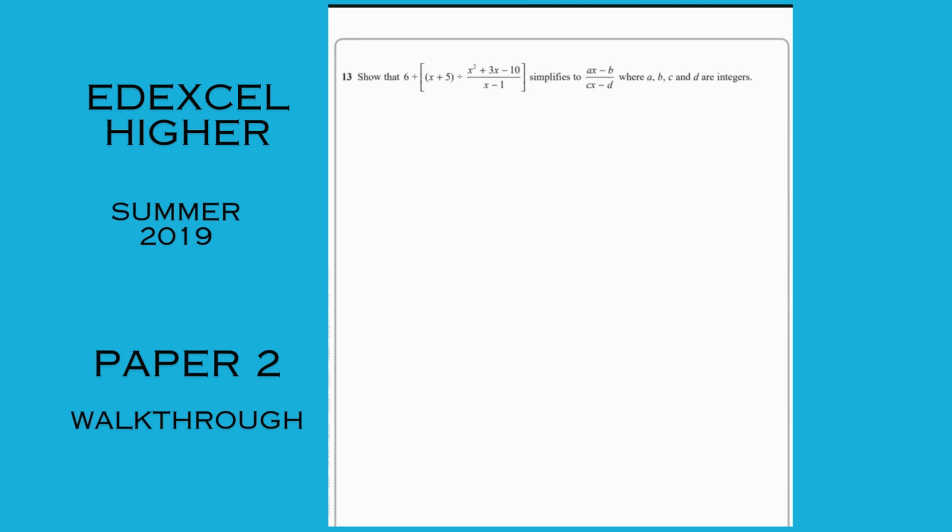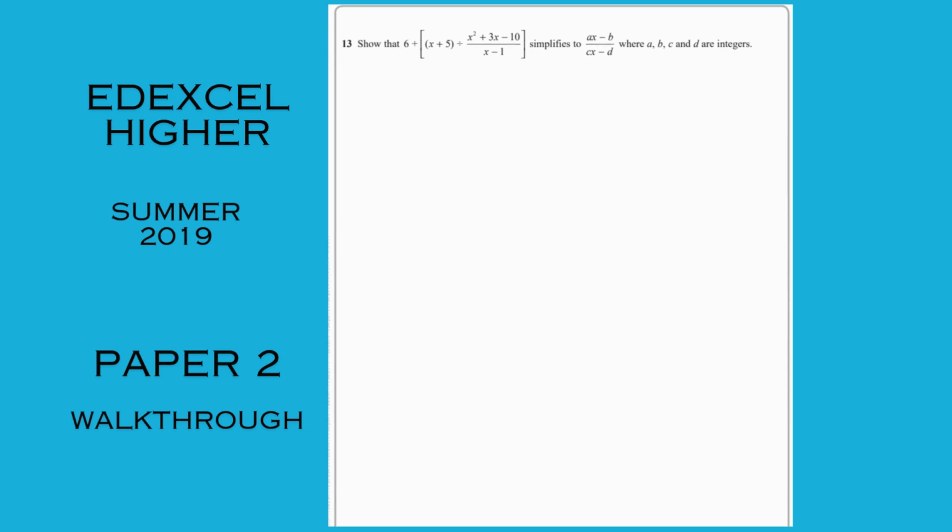On to some algebra. So that's 6 plus at the beginning. Leave it for a bit. Let's focus on what's inside. So we've got x plus 5. Now, as you can see, I just move it near the top a bit. You can put it over 1 if it helps you. Divide means multiply by the reciprocal. And while you're there, factorize this quadratic.